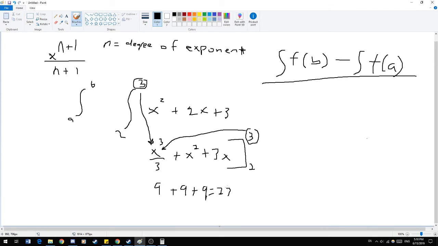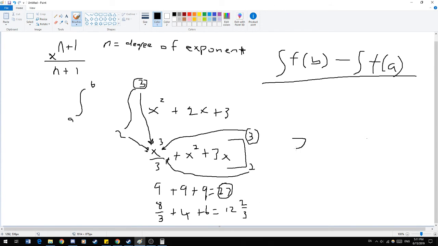So you found the solution to the upper limit. Now you put in 2 for x. We're going to end up with 8 over 3 plus 4 plus 6, which is equal to 12 and 2/3.